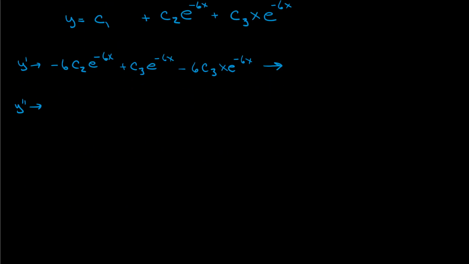So I can rewrite this second equation as 1 is equal to, I'm going to substitute in a 0 for the x, which is going to give me a negative 6 C2, and it's going to give me plus C3. This third term goes away because we have an x there, which is going to have a 0 in it. So that third term's gone. This gives me my second equation looking like that.